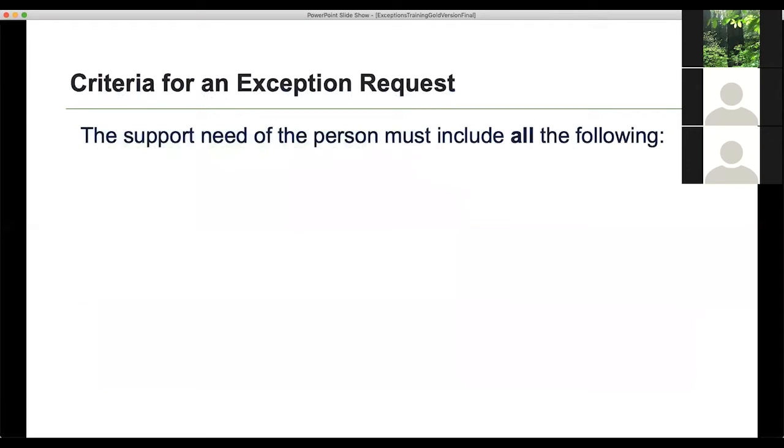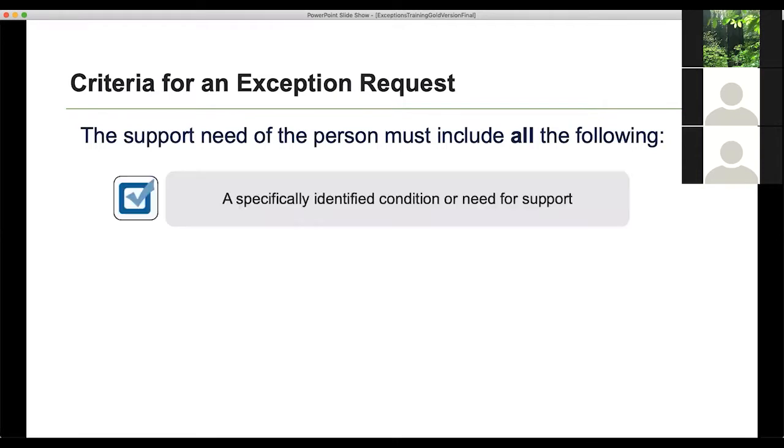We've talked about the why, and this is the what. The support need a person has to meet that criteria of what makes it an exception is all of the following. The first is that we have a specific condition or need for support. So again, going back to that last slide of the why, what is it that the person needs? Why do they need this support? What support is needed? That's what we're getting at here.